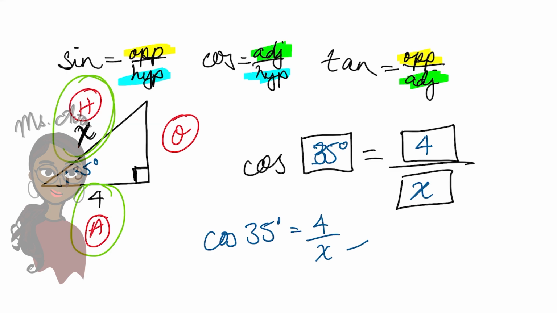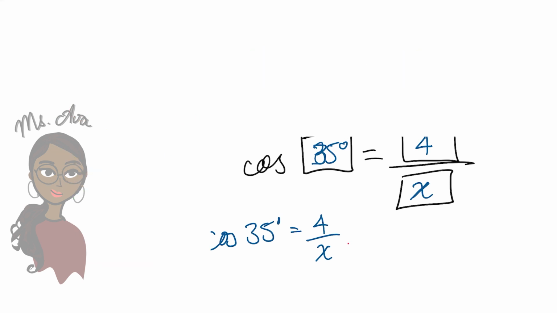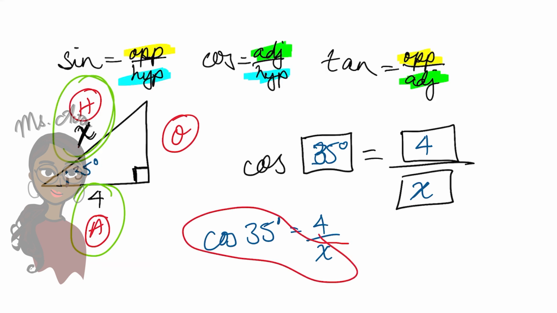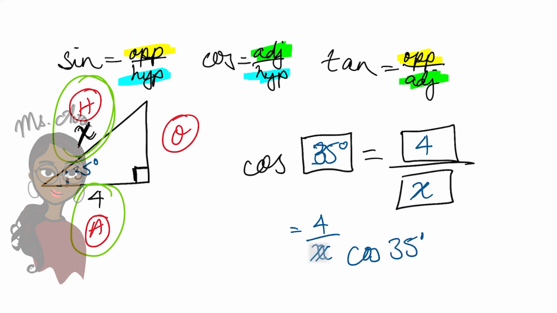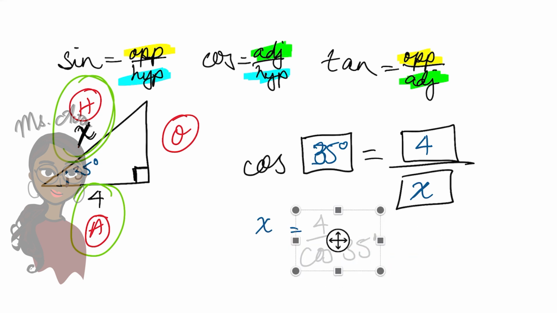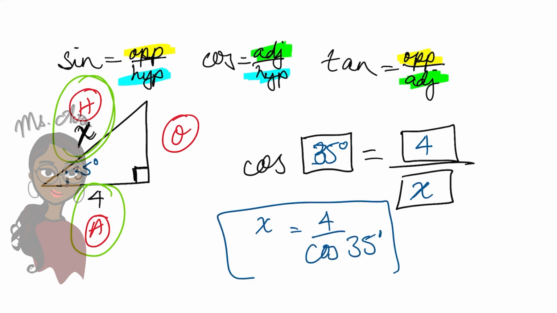Since you're trying to solve for x and get x by itself, you can just flip these 2, because there's an equal sign. So you can switch them around, put the cosine on the bottom, put this one over here, and there we go. That's your answer, and you can put that into a calculator and it'll give you some nice number.